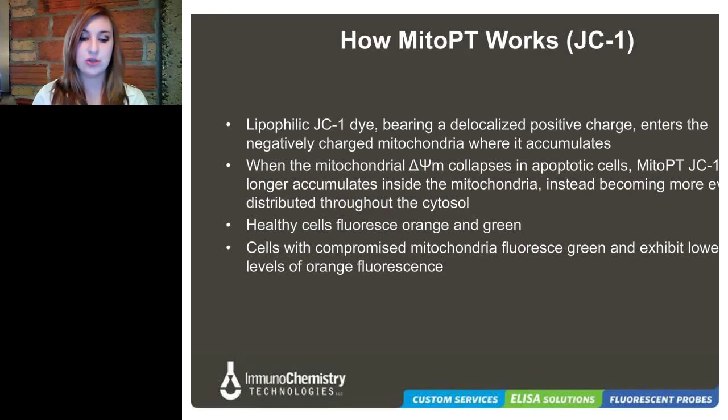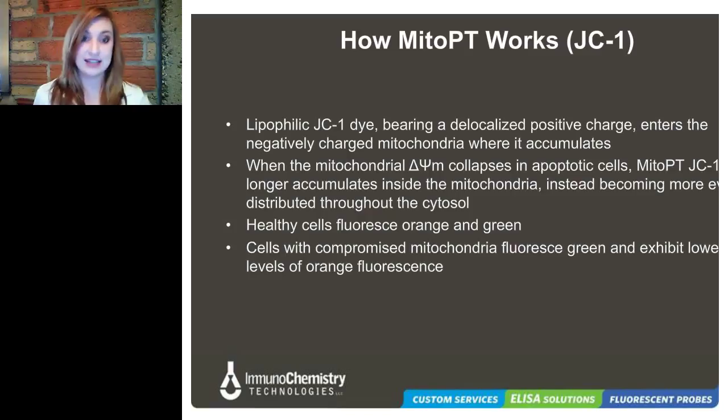So as I mentioned, we do have some different types of MitoOPT assays which work in slightly different ways. So the first, I'm going to go through how our MitoOPT JC-1 assay works. And these JC-1 assays were our original MitoOPT reagents. And they're based off of a fluorescent cationic dye, which penetrates cells and enters the healthy negatively charged mitochondria.